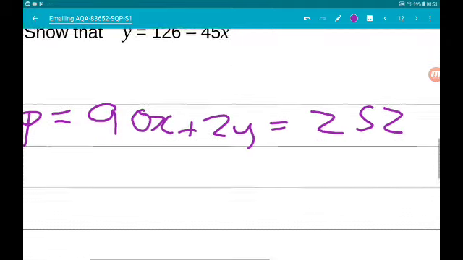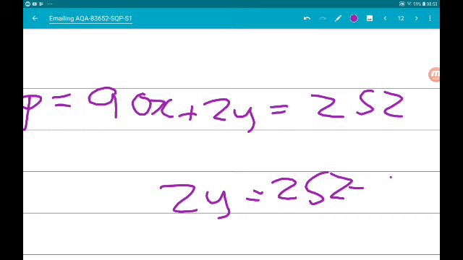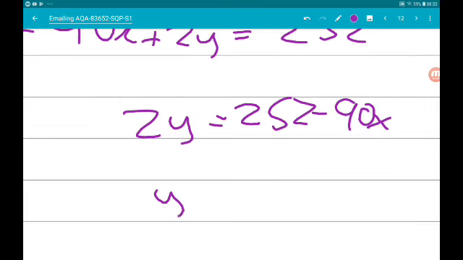If we take away the 90x, 2y is 252 minus 90x. And if we divide by 2, y is 126 minus 45x. Cool.